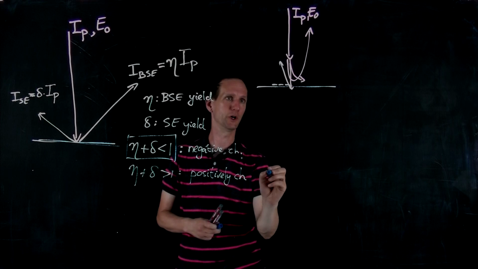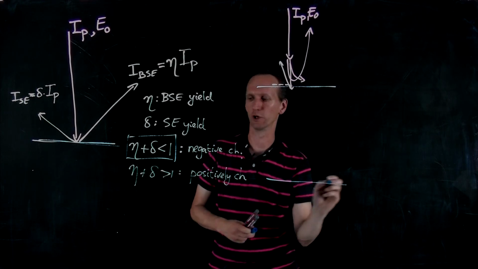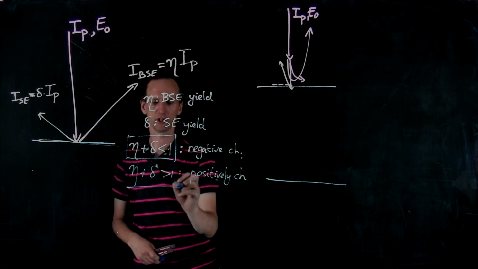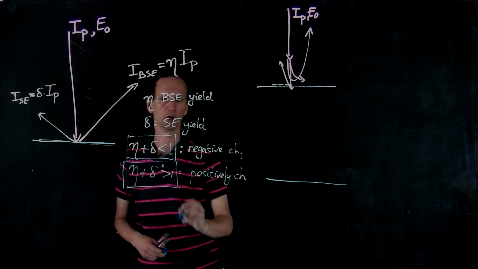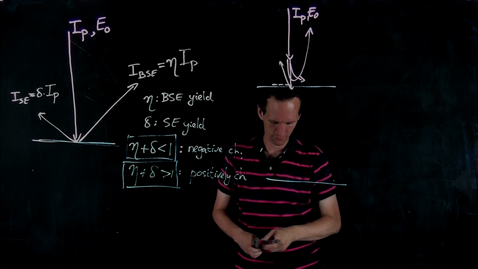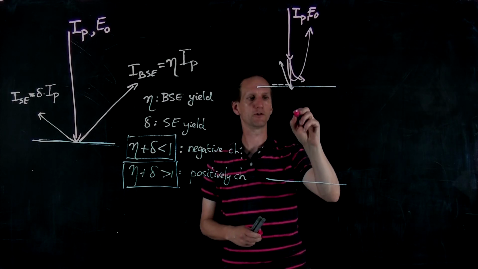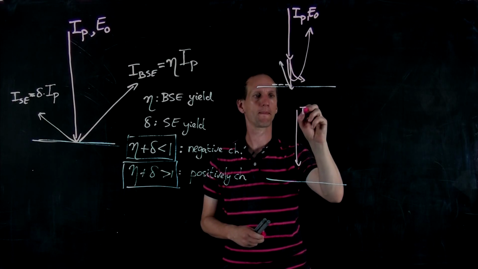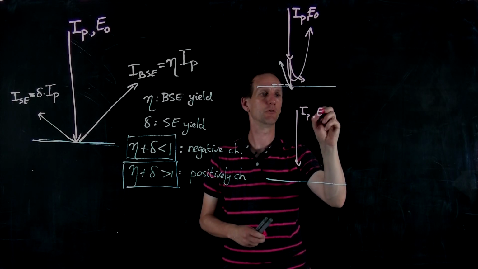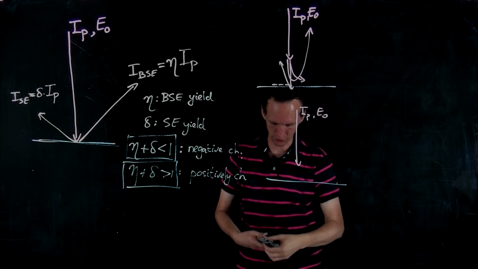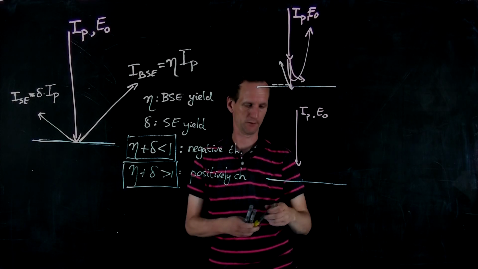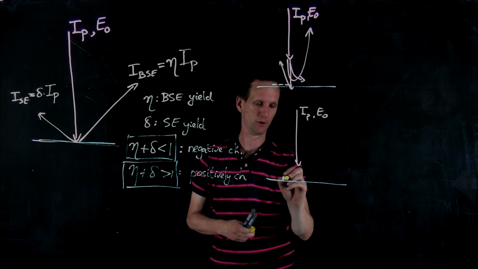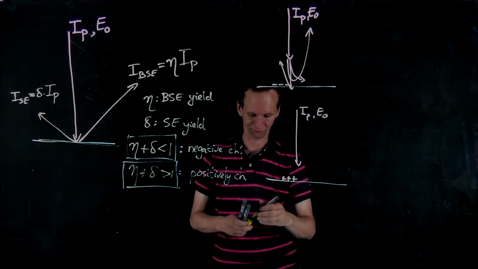Now the other situation, of course, is where we look at positive charging. So in this case, eta plus delta larger than 1. Again, we have our incoming electron beam here with energy E0. We have our scanning beam that charges the sample positively.